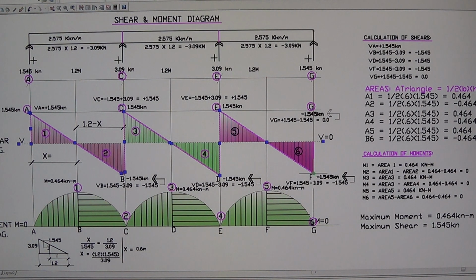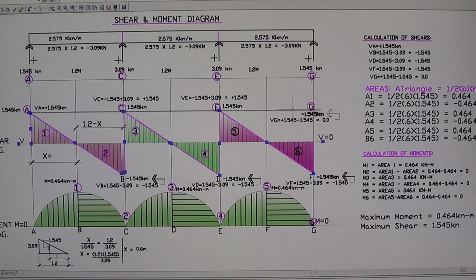Now the shear at G. Same thing. The shear at G is the shear at F, which is minus 1.545, and since this is vertical going upward, that's positive. So the shear at G right here is, this is the minus and this is the plus.